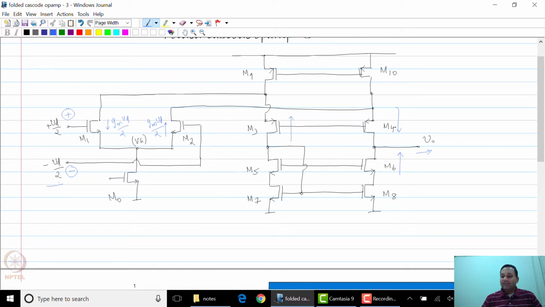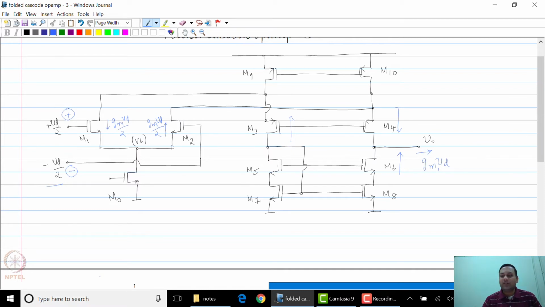And we are also going to assume that the transistors are designed such that most of this current does not flow through M9 and M10 but flows down into M3 and M4, and therefore the total current flowing out would be Gm1 times Vd.